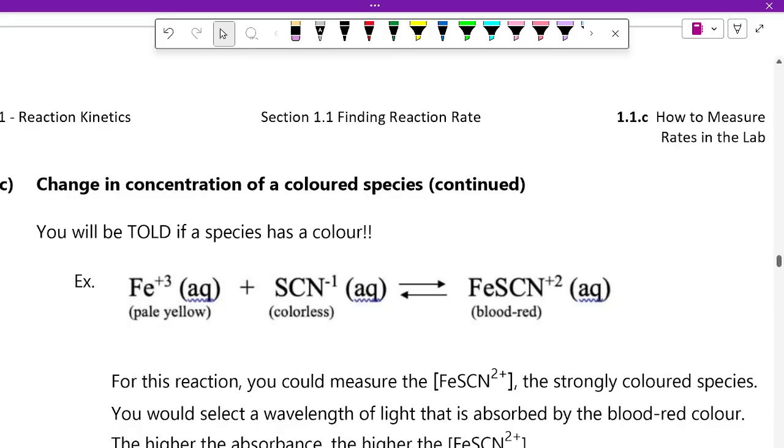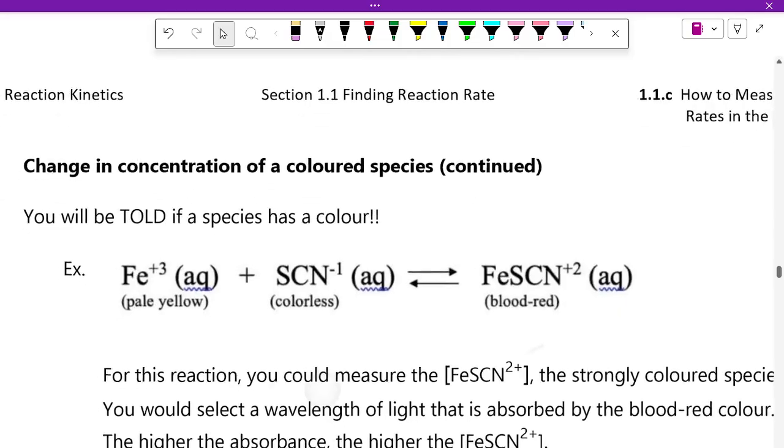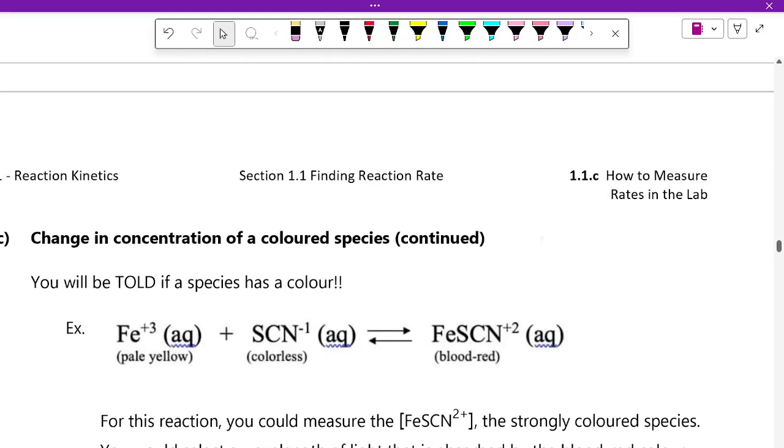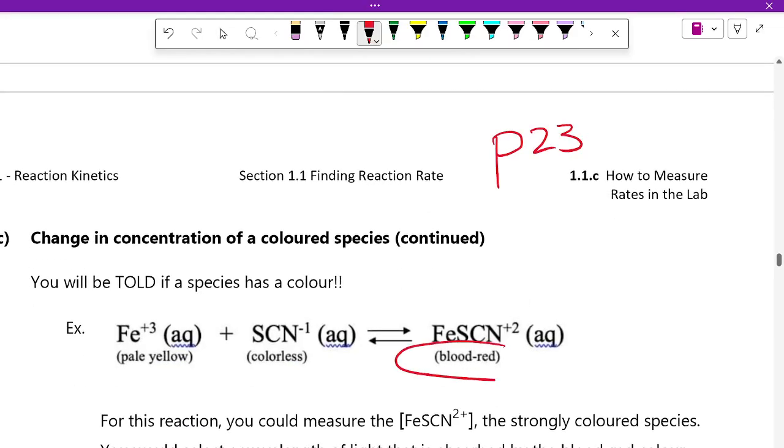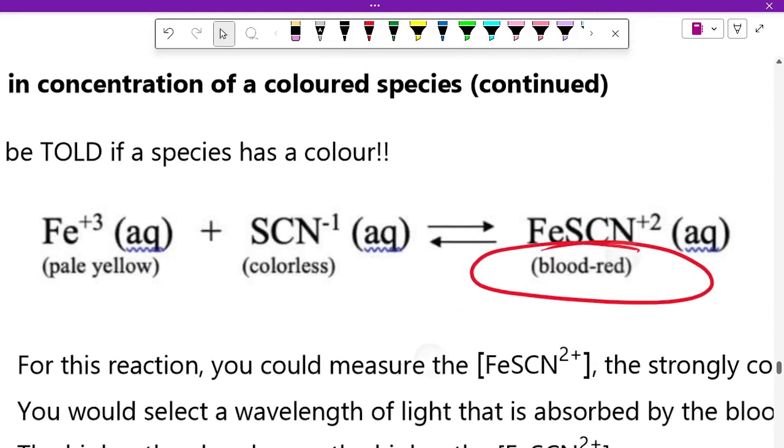But you should recognize that if you have something like this, so we're now on page 23, if you see that you have a blood red species, you can measure the concentration.